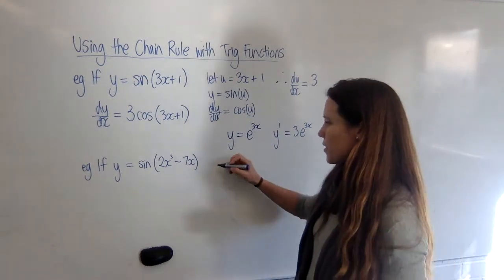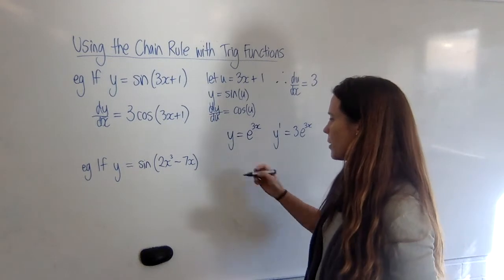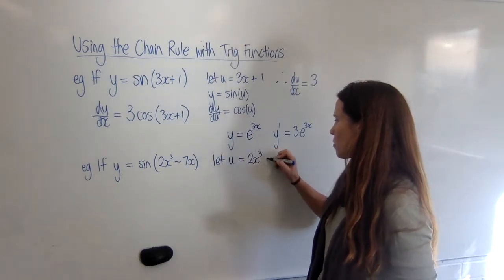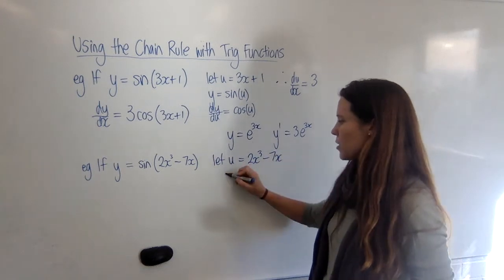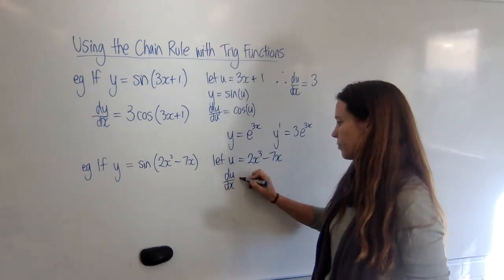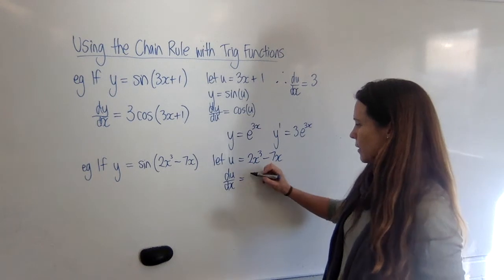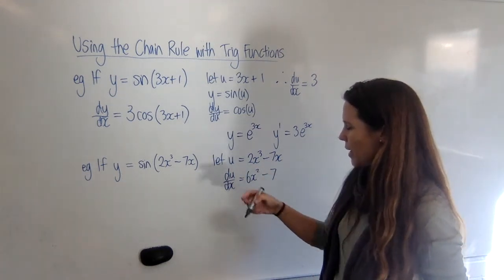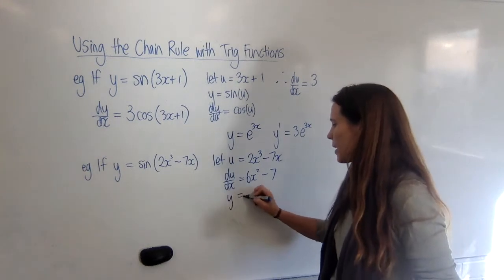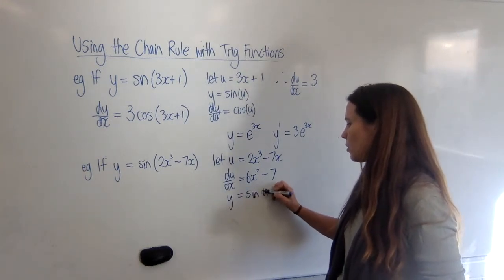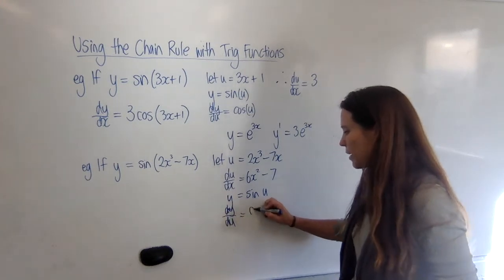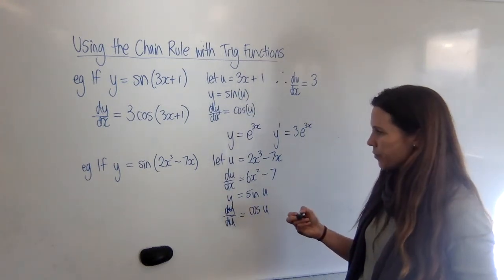All right, let's apply the slow method to this one as well. Let's let u equal 2x cubed minus 7x. So then du dx will be 6x squared minus 7. And now we've rewritten the function y equals the sine of u. We can see that dy du would be the cos of u.